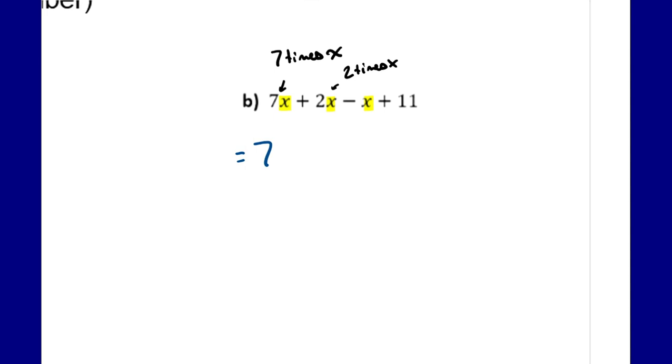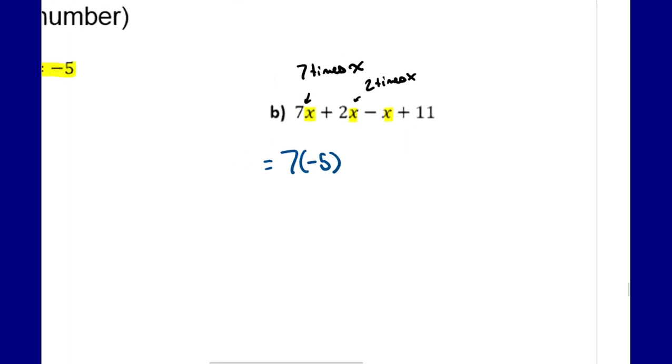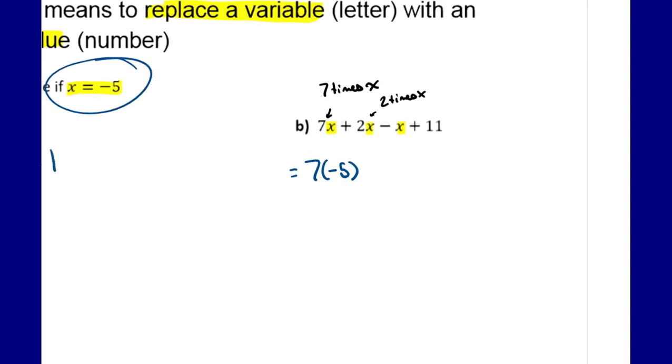But when we have a number and a letter side by side, we assume that the operation is multiplying. So to represent that, I'm going to do 7 and then in brackets, -5. Again, the -5 came from our question over here. So 7 times negative 5 plus 2 times negative 5 minus negative 5 plus 11.